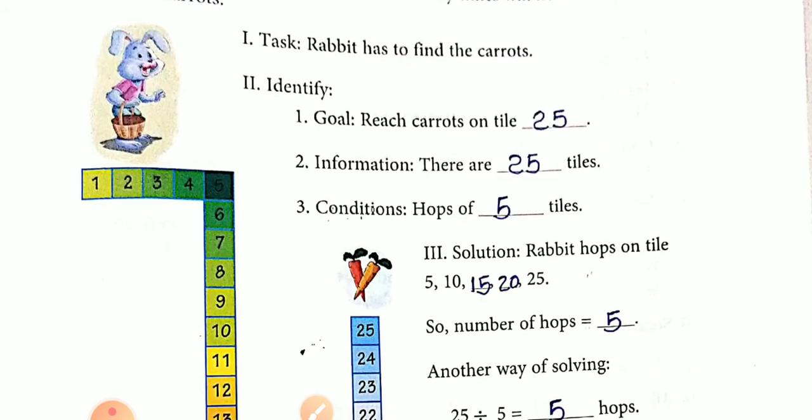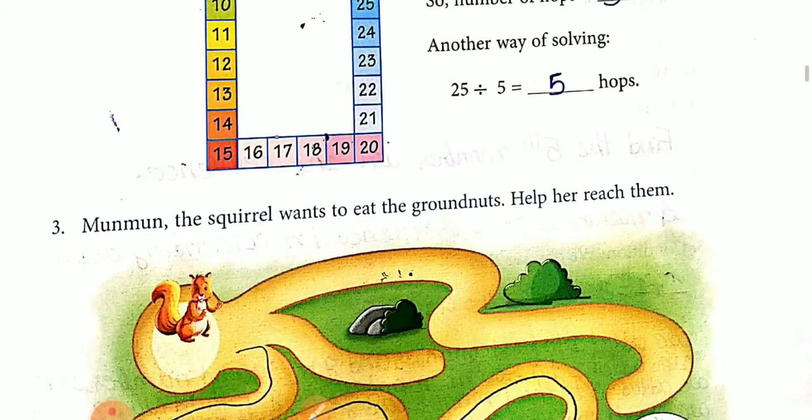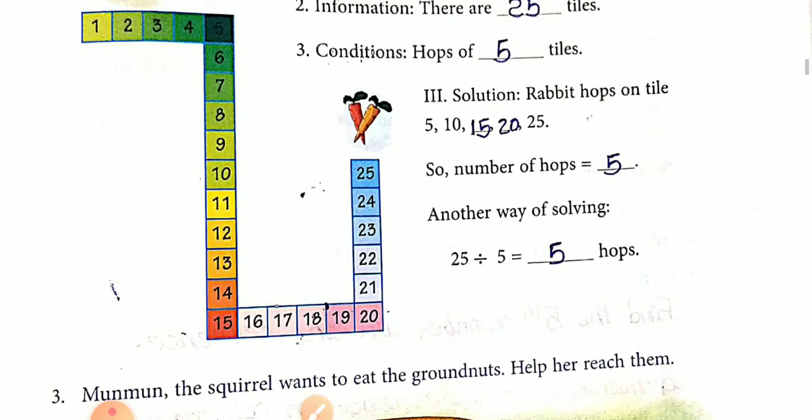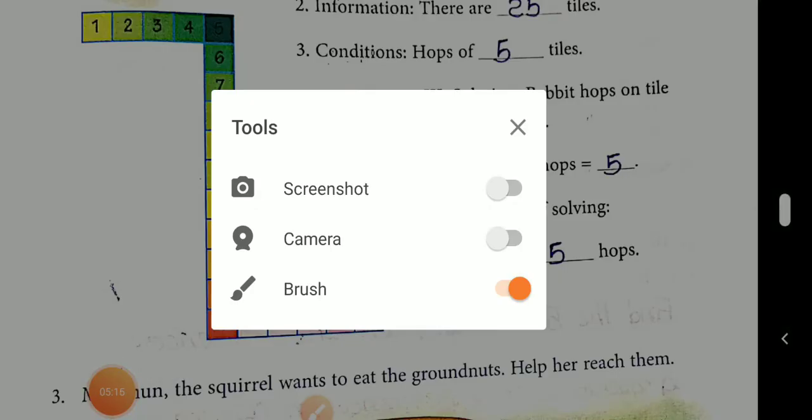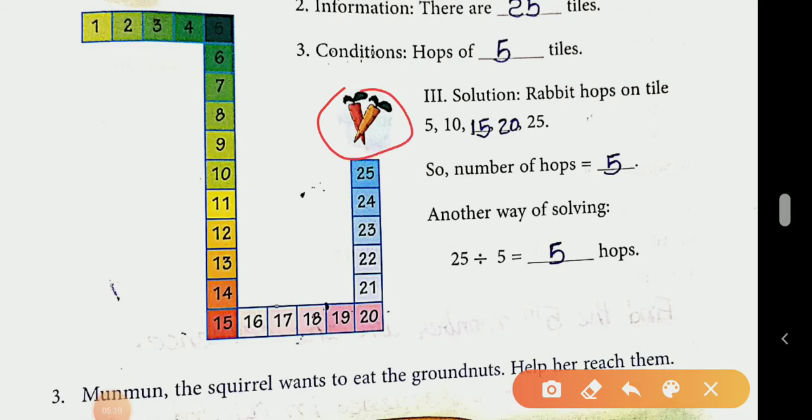Here your goal is to reach the carrot on time. Which number is your carrot? The carrot is available on tile 25.